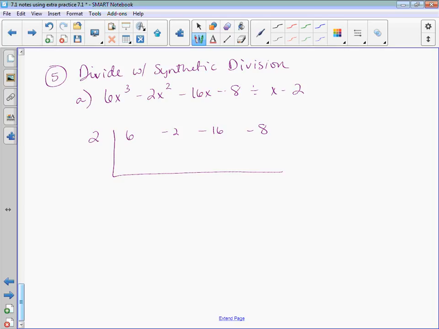To start, you just bring down the 6. Then it is 6 times 2, which is 12. Now, do I add or subtract? Add. Good. So I get 10. 10 times 2. Add. 4 times 2. Add.